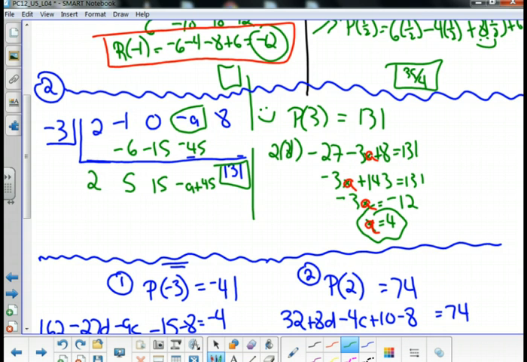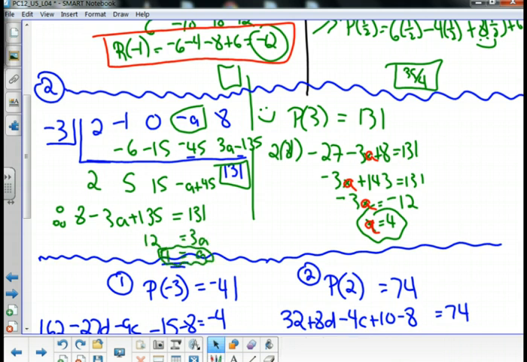And that means that this is positive 3a minus 135. And therefore, we end up with 8 minus 3a plus 135 is supposed to be equal to 131. So the puzzle ends up being a equals 4.